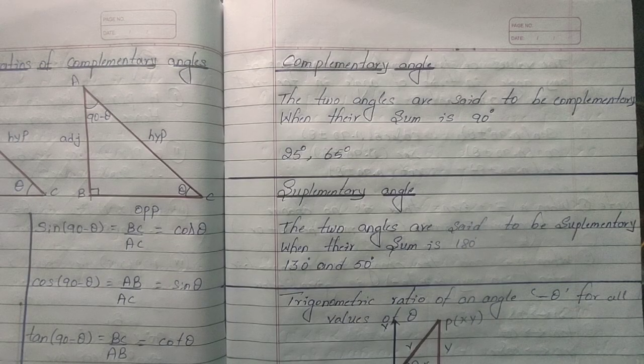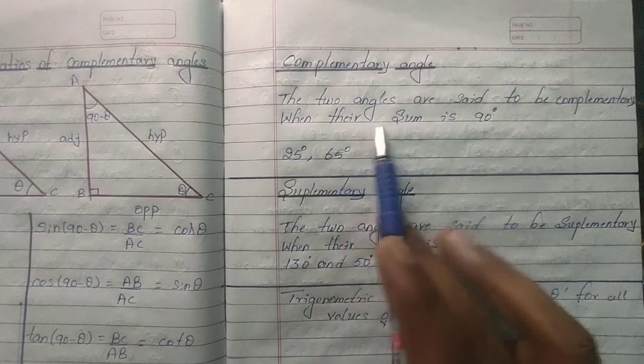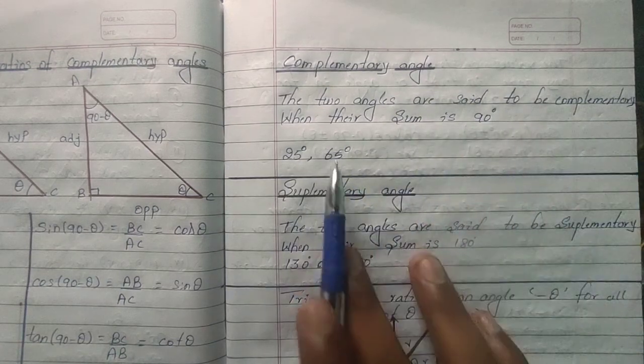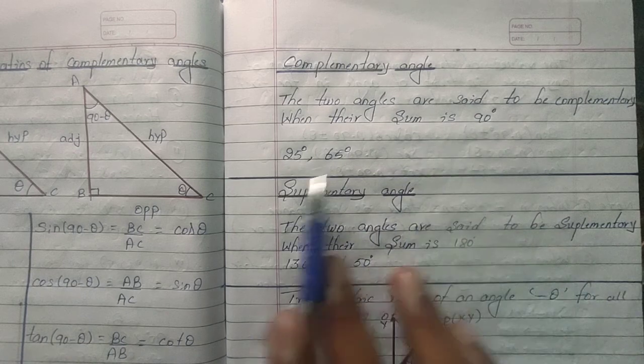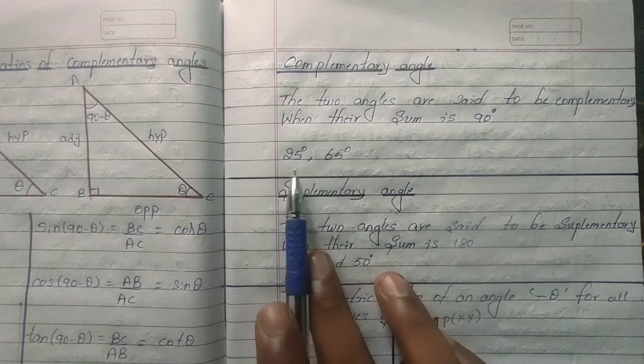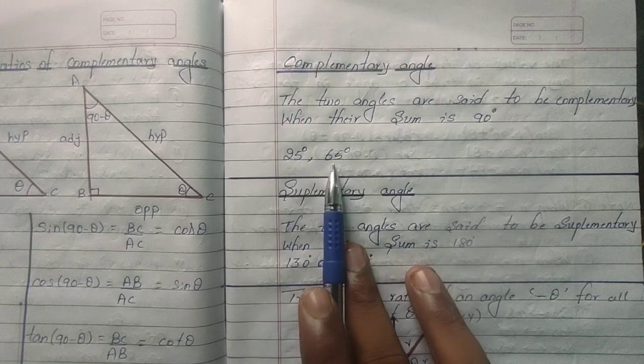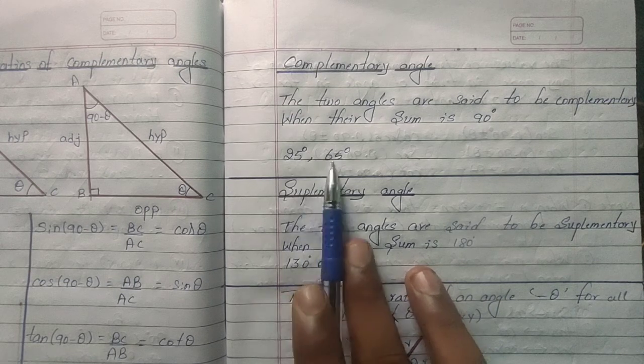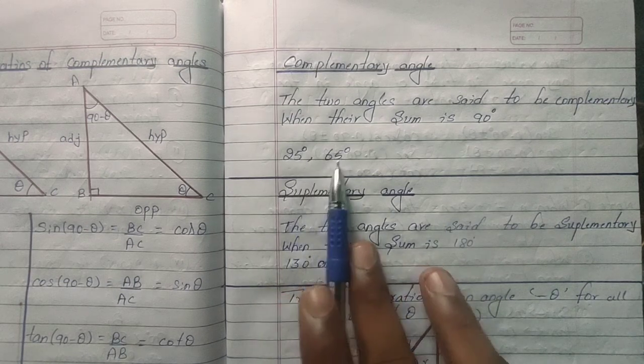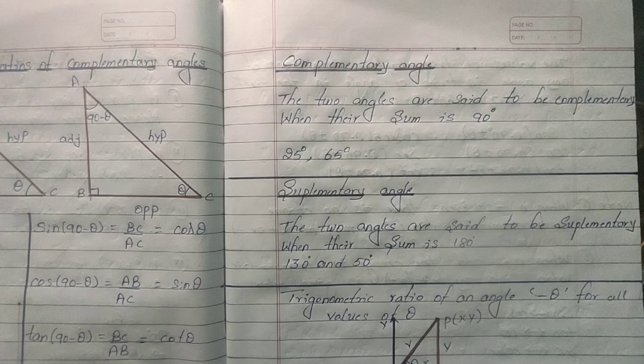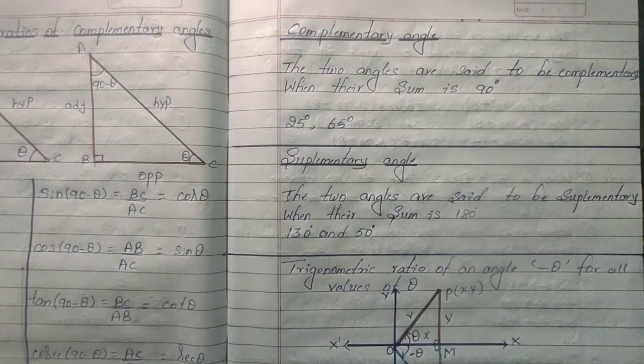Next, complementary angles. Two angles are said to be complementary when their sum is 90. For 25 and 65, when you add these, you get 90. Therefore the sum of these two is 90, which means these two angles are complementary angles. Next, supplementary angles.